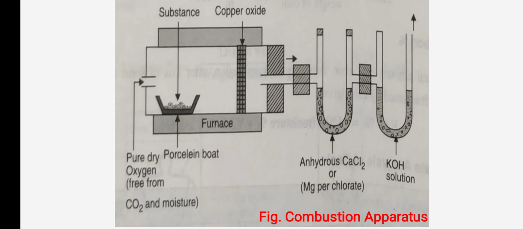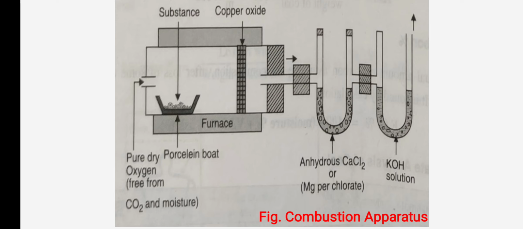In the first U-tube, anhydrous CaCl2 is present, and in the second U-tube, KOH solution is present. As you know, during burning, CO2 and H2O gases are coming out. Now, the first U-tube containing anhydrous CaCl2 absorbs only H2O vapors.